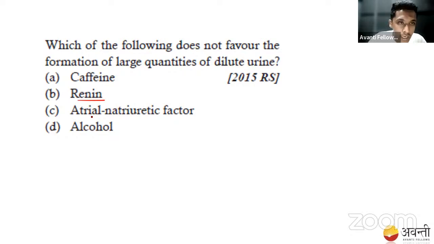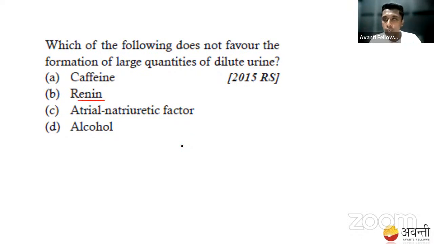When it comes to atrial natriuretic factor, whenever your blood has more and more flow and the blood pressure is higher, the atrial natriuretic factor, which contains different types of amino acids, will start acting. It is a natural vasodilator.